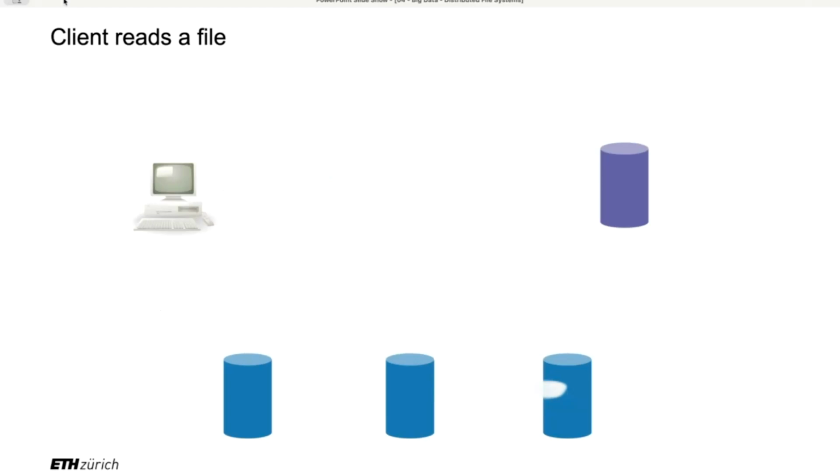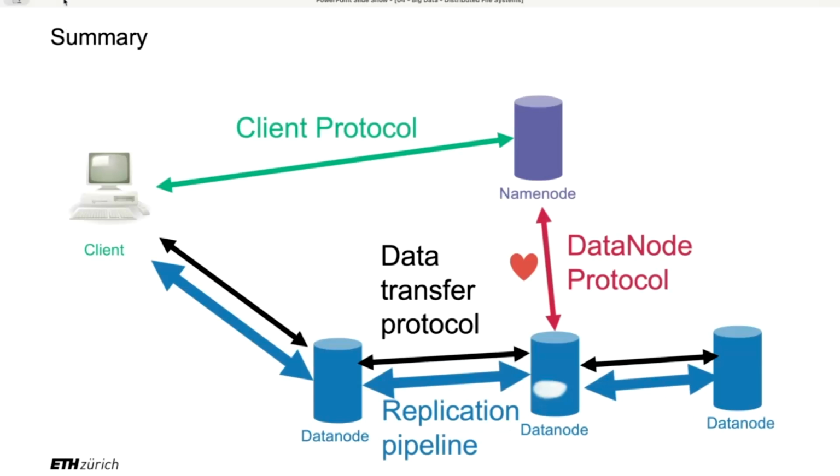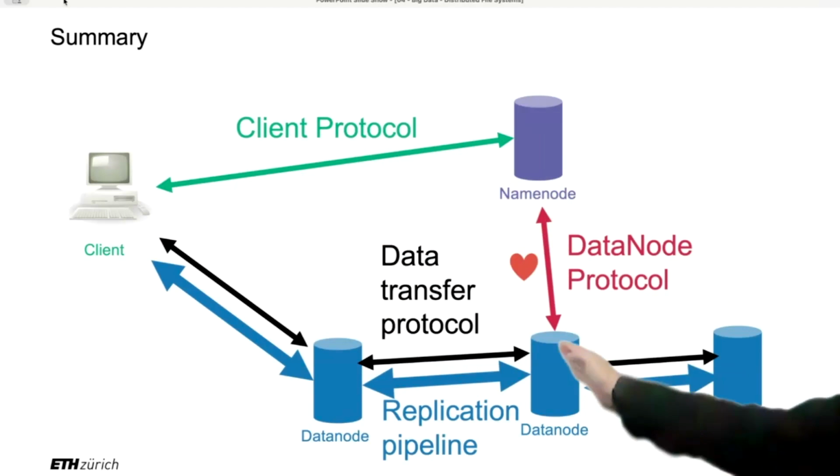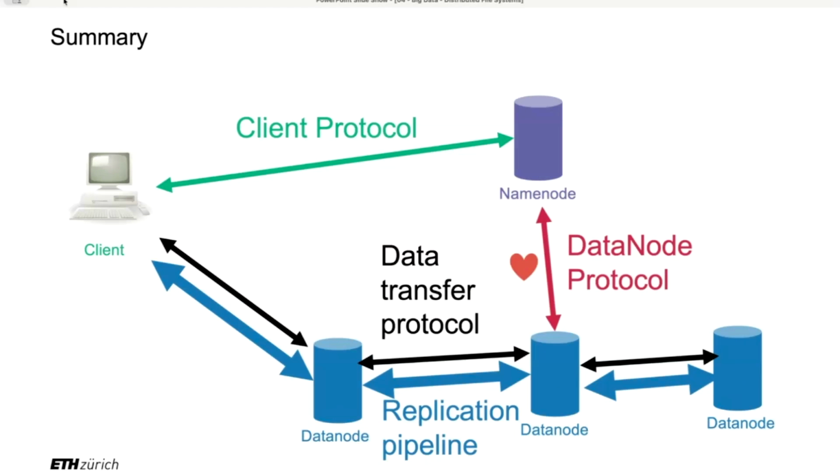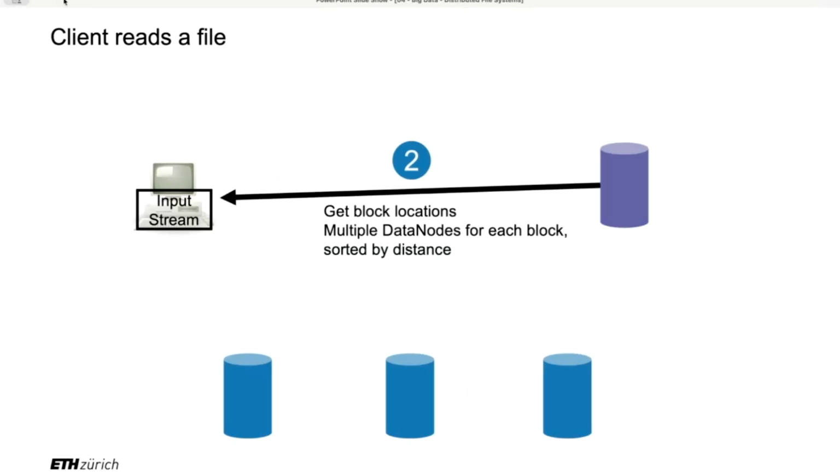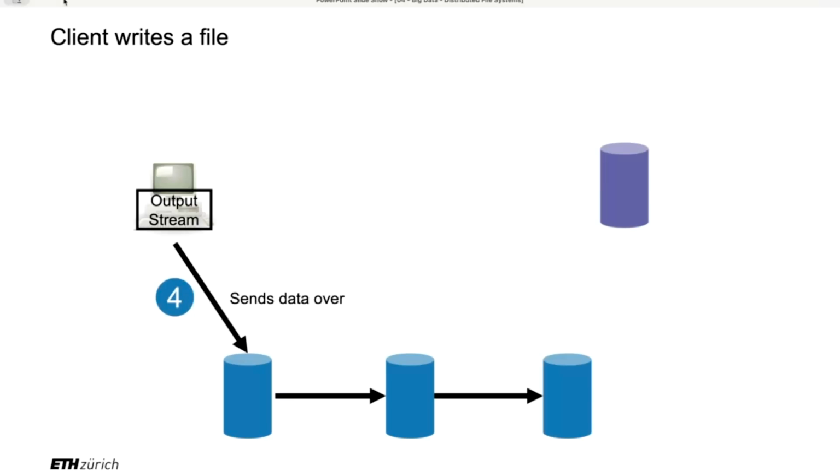It's what I showed earlier. Here, that's basically the 3 protocols. There is a client protocol here, there is a data node protocol, and there is here the replication pipeline, right? That's how networks work. It's always 2 machines, a client and a server, whenever you have a connection, right? Okay.